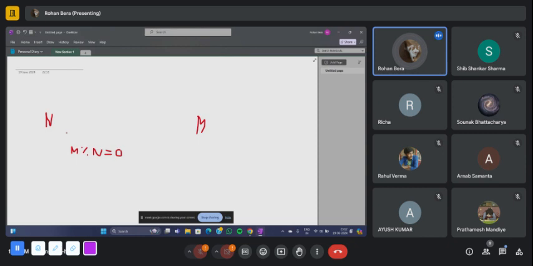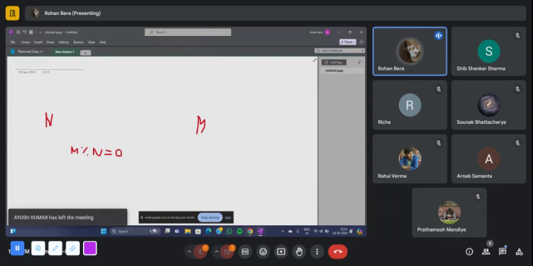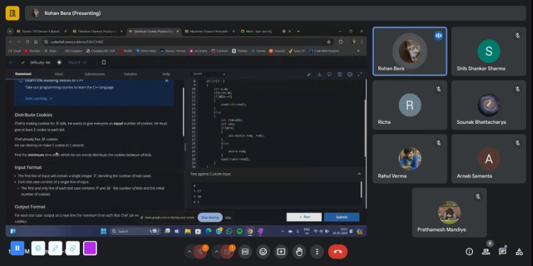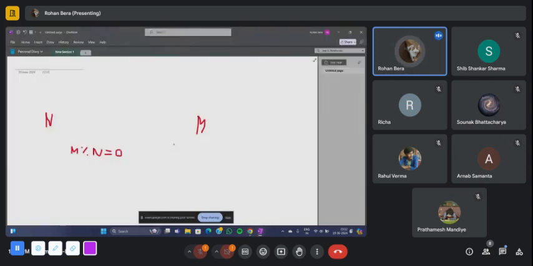In that case, I don't need to destroy any cookie, nor do I need to add any cookie. So the time taken will be 0, because I've been told in this question that to destroy one cookie or to make one cookie takes 1 second. If I'm not destroying or making any cookie, it will not take any time, so the answer will be 0 in that case.